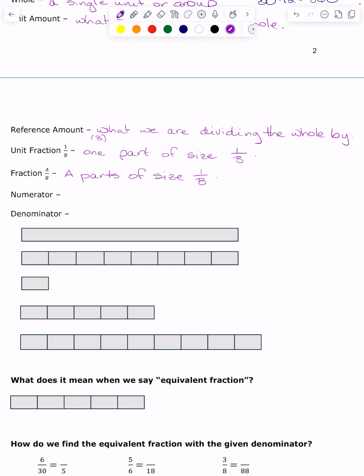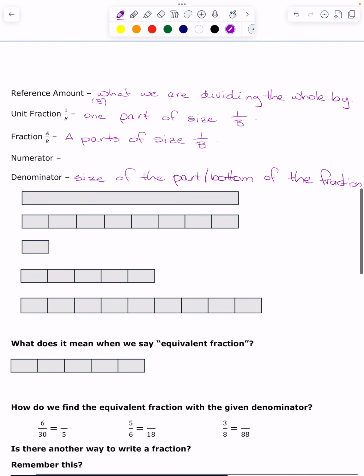Numerator tells us how many. So denominator is the size of the part. It's the bottom of the fraction. Our numerator is how many parts. So it's the top of our fraction.